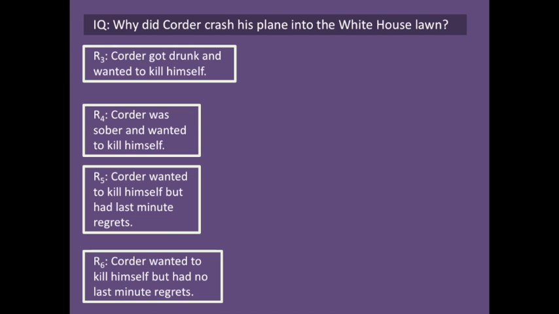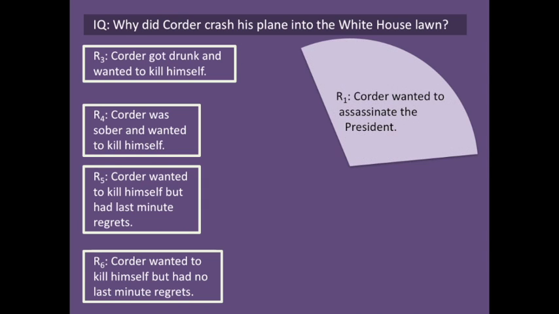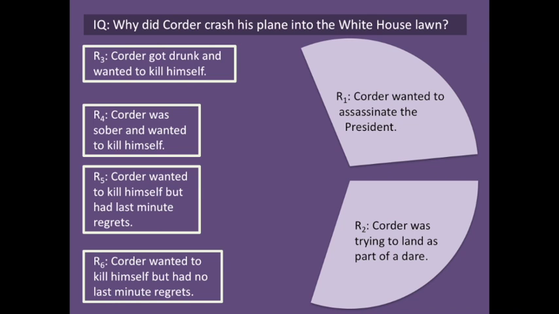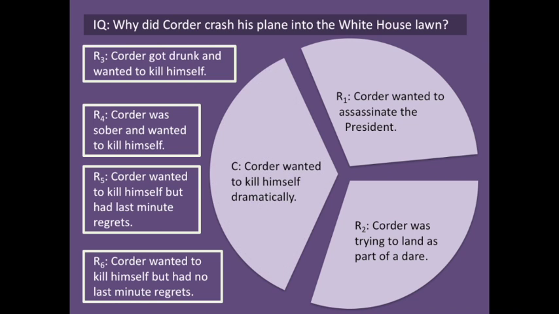But again, if you're coming up with a list of rivals on a quiz, you wouldn't want to use these as your list, because these are all much too close together. They don't provide enough of a contrast to show understanding. If we look at a different set of rivals: Corder wanted to assassinate the president, Corder was trying to land as part of a dare, Corder wanted to kill himself dramatically.